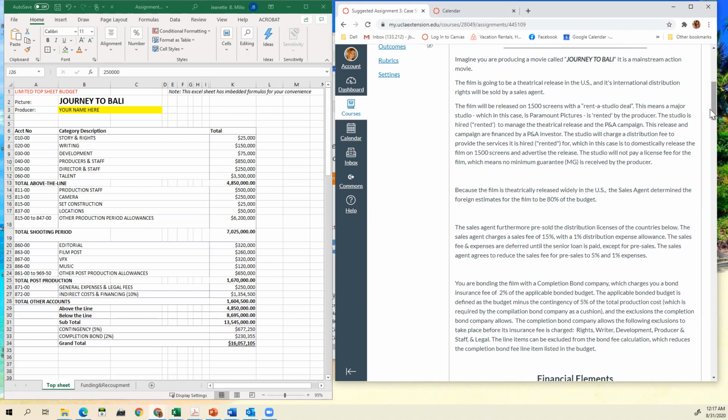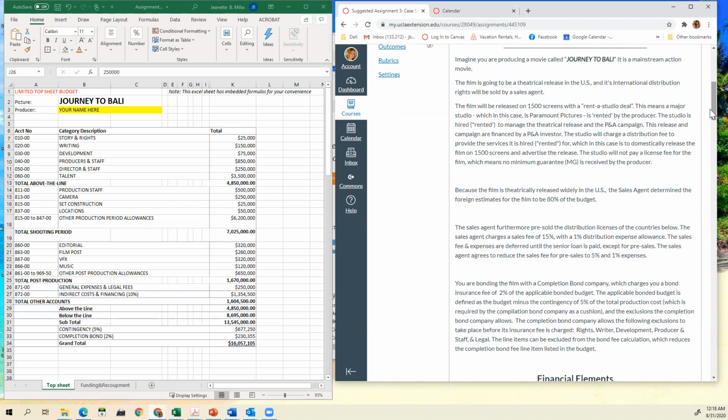The international rights will be estimated a little higher. In this case, it's at 80% of the budget as a low estimate, because of the fact that we are releasing the film in 1,500 screens in the US, which elevates the value internationally. So the international distribution rights are often higher, and the revenues are higher for any movie that is theatrically released in the US in a wider fashion.